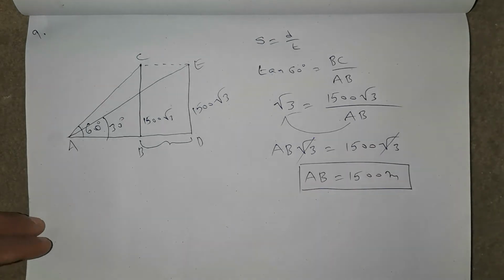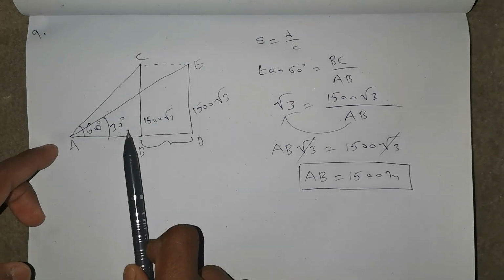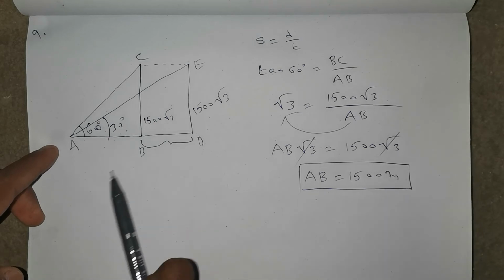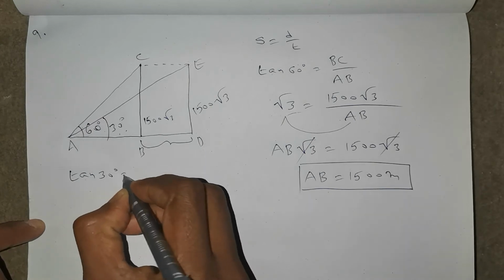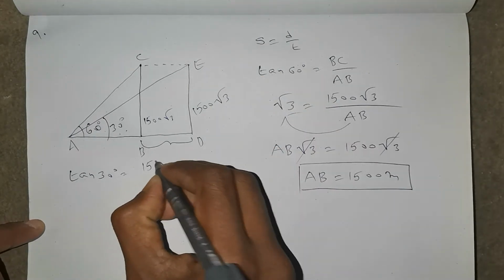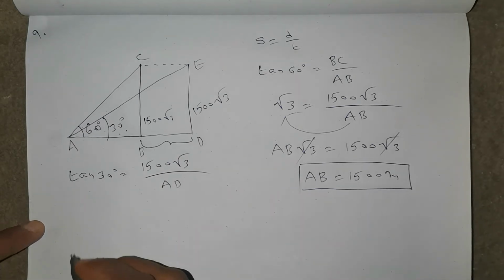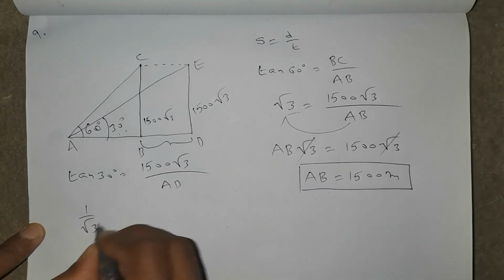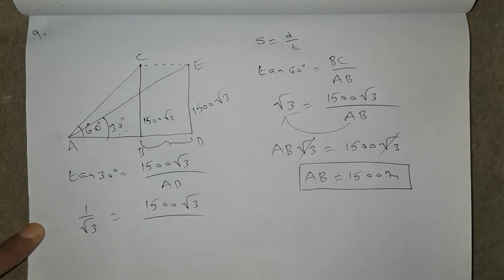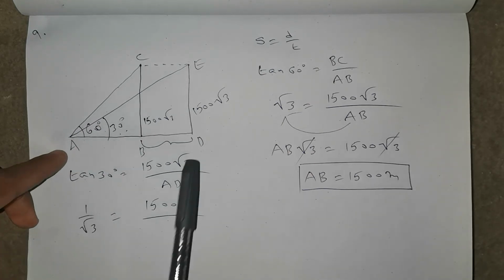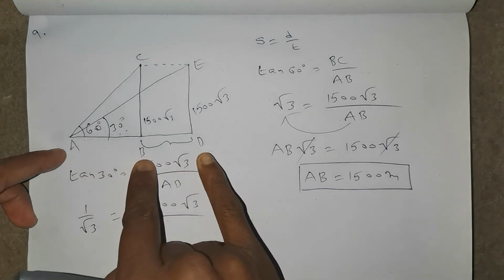Next, I'll take the bigger triangle, that is 30 degrees, opposite is there, adjacent is there. So for the bigger triangle, what will be the adjacent? Total base AD. So tan 30 is equal to opposite 1500 root 3 by adjacent AD. So tan 30 is nothing but 1 by root 3, equal to 1500 root 3 divided by, what about the value of AD? AD is nothing but AB plus BD.